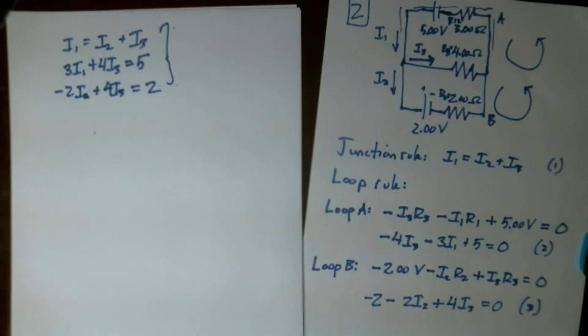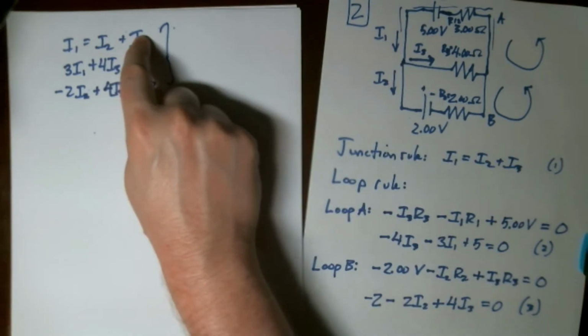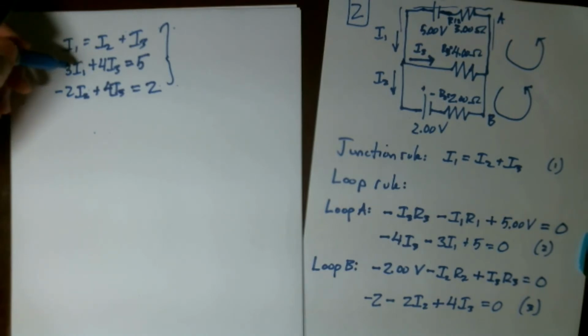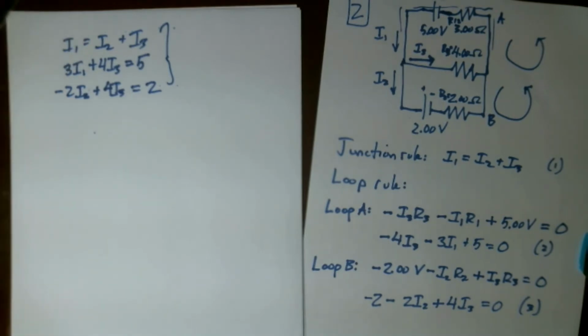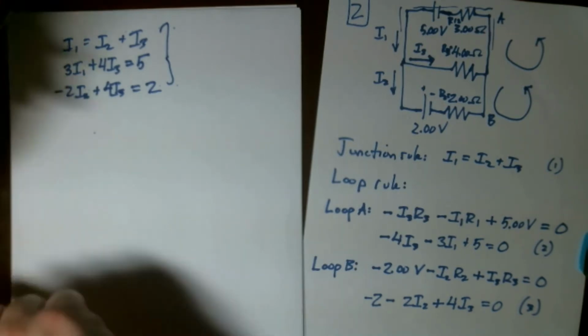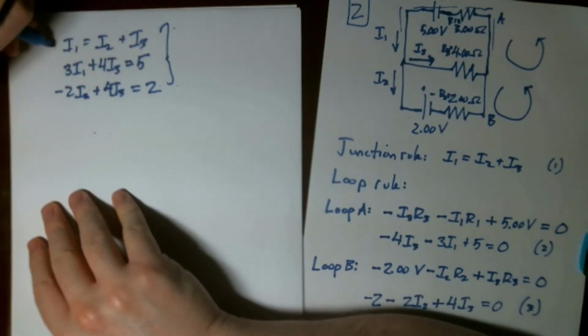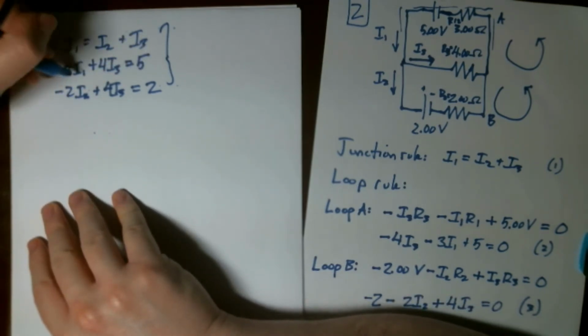This one should be pretty straightforward because we already have I1 in terms of I2 and I3, so we can just plug this in to I1 here. Or we could also add individual equations together. There's a couple different ways to go about this. I'm going to take I1 equals I2 plus I3 and substitute that into here.